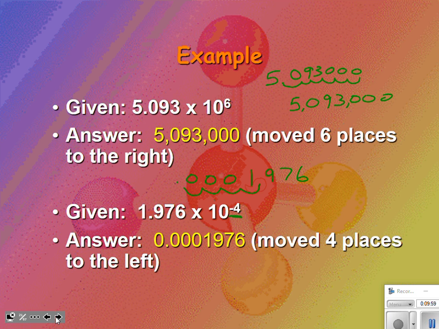So my new number is going to be 0.0001976, because I moved my decimal 4 places to the left.